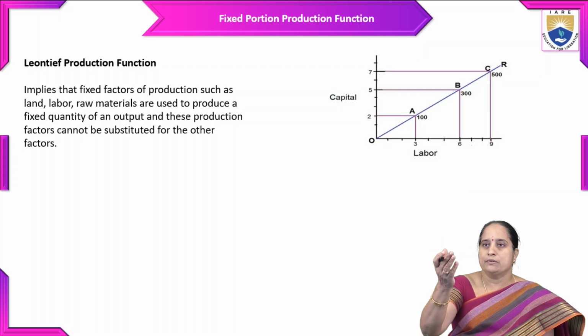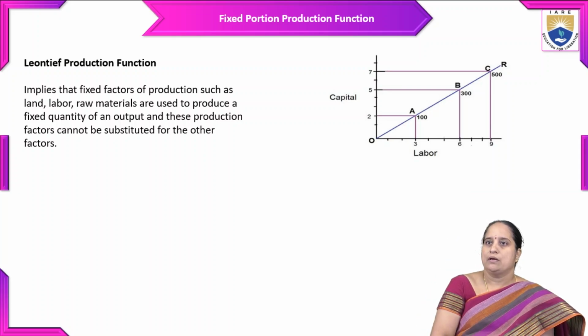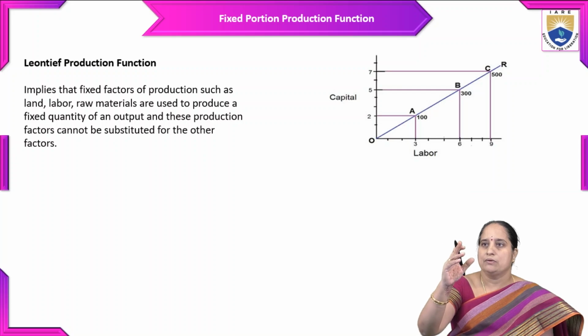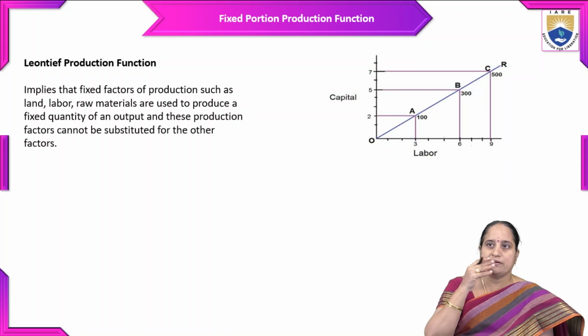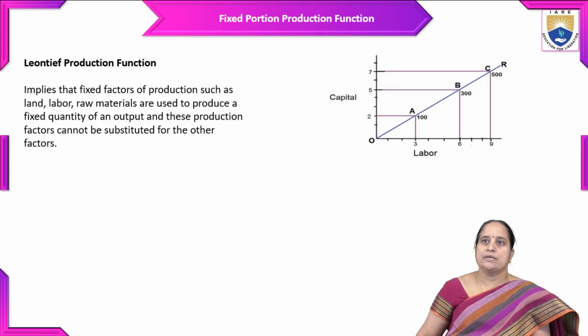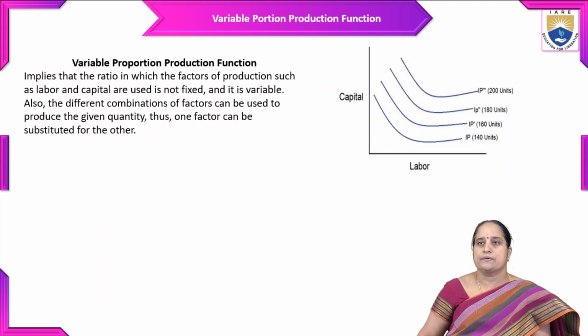When you are going for 5 units of capital and 6 units of labor, you are able to produce 300 units. And if you are going to increase 5 units to 7 and 6 to 9, then your production will go to 500. If you see the difference, in all the cases it remains the same, 200 units. So that is known as fixed proportion production function.